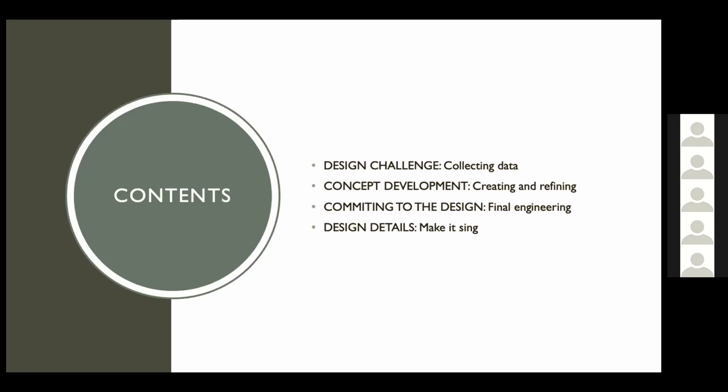So creating and refining. Once I go back to the drawing board and take that final data, then I'm going to commit to the design. And that's the point where I want to get the client to sign off on it and the final engineering. After I do that, we go into the shop and start making decisions and making sawdust, right? And lastly, I want to go over the design details.